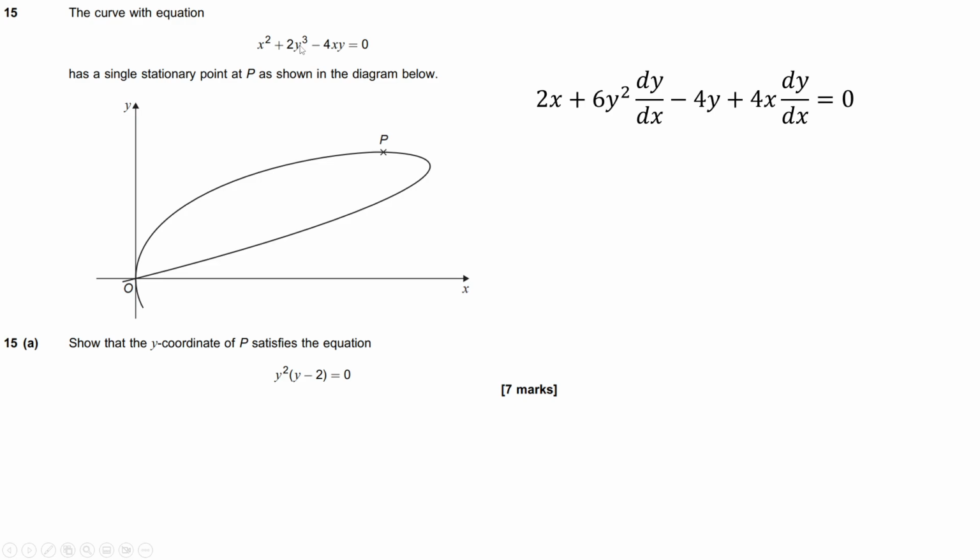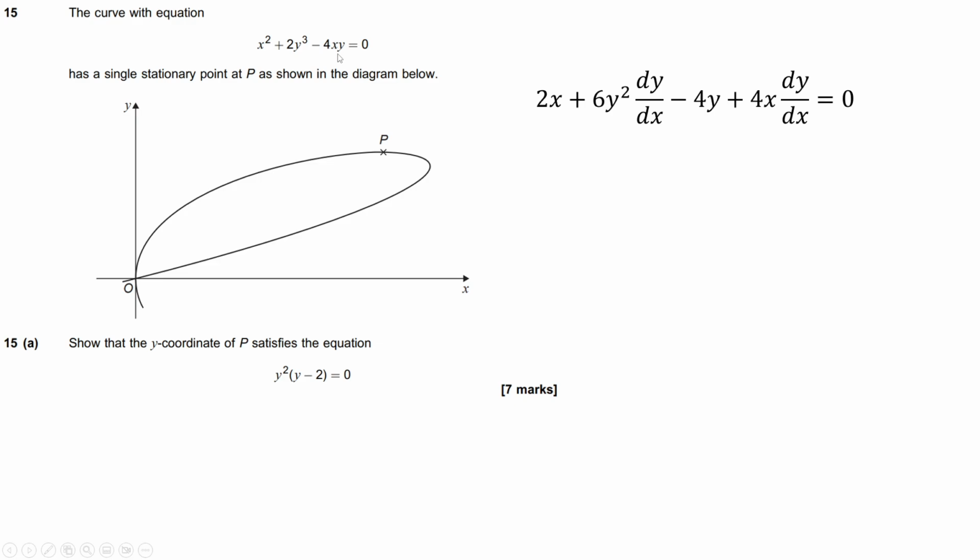So this becomes 3 times 2 is 6, 6y squared dy by dx, because we always put it. And then here is product rule. So we'll differentiate it just looking at the x's. Basically differentiate one, leave the other the same, and then differentiate the other, leave the first the same, and then add them together. If we differentiate the x here, x differentiates to 1, so this becomes minus 4y.